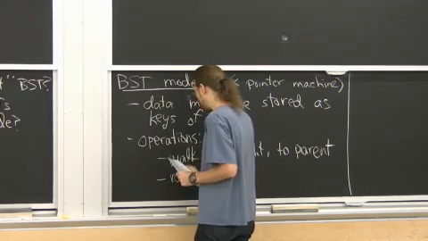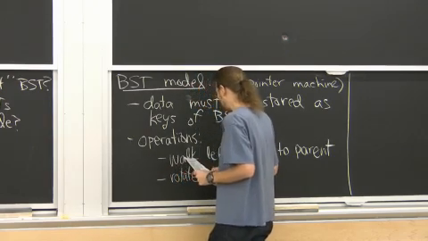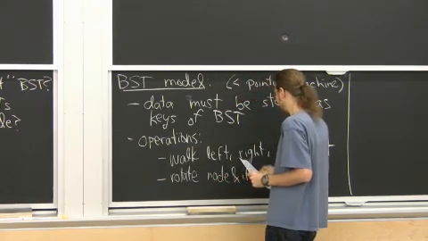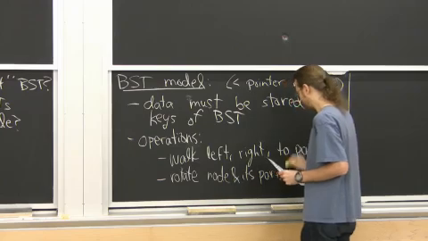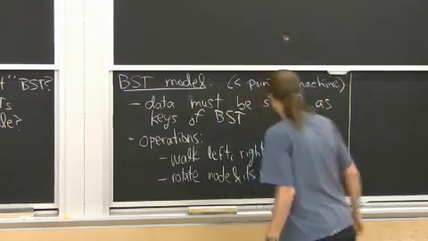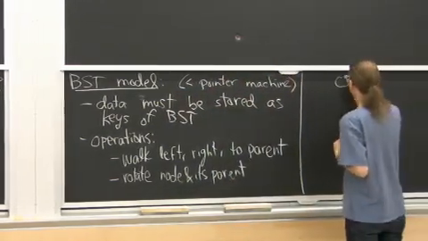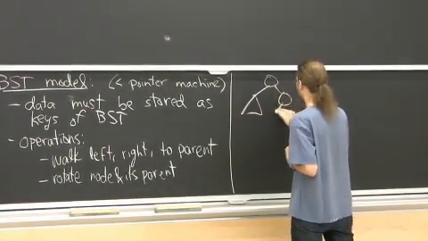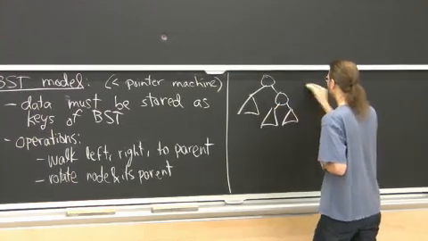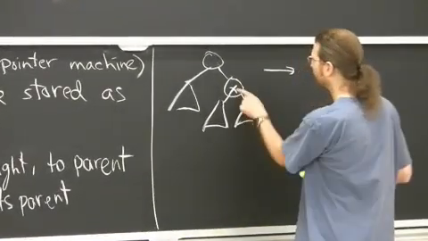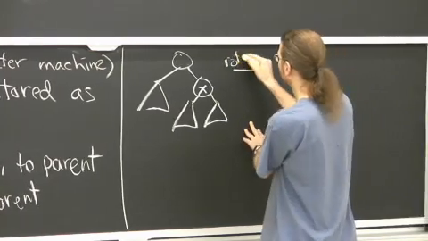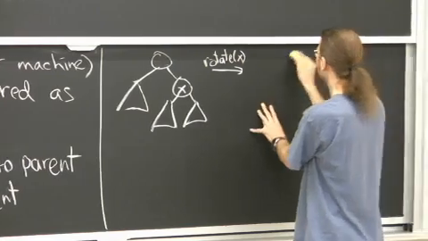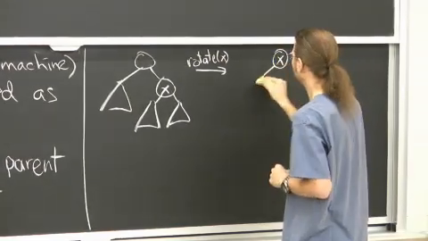And then the interesting thing you can do is rotate a node and its parent. Okay, so I'm sure you've seen rotations before. If this is my node x and I do rotate x, that's going to be my definition of rotation. x moves to the root.